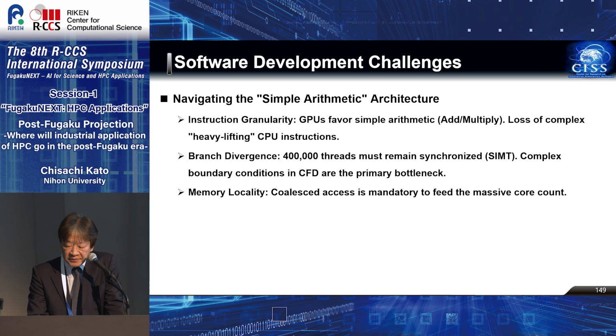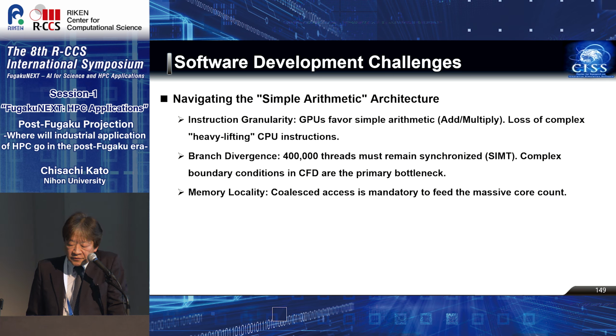So, software development challenges. I think everybody knows that GPU prefers simple arithmetic. So you have to navigate your code to a simple arithmetic architecture, or to fit with that architecture. So instruction granularity, as I mentioned, GPU favors simple arithmetic like multiplication and addition.